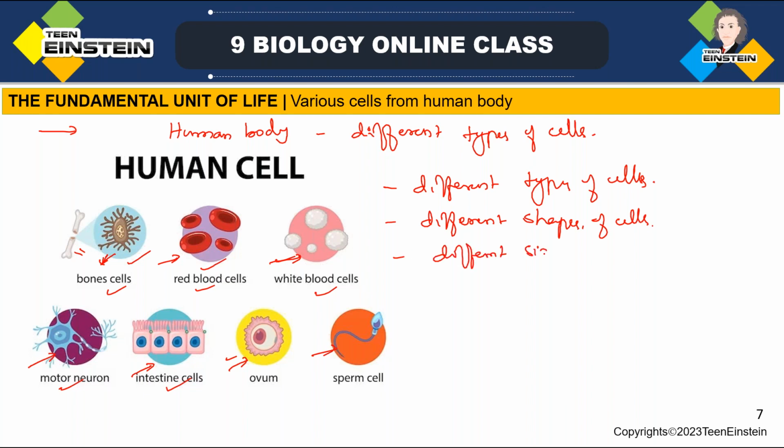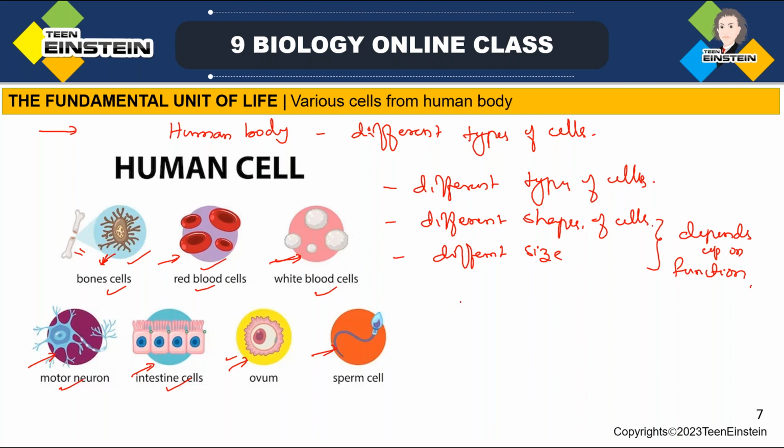The size, shape, everything varies, so that is depending upon the function. So the shape and size of the cell depends upon the function. What that cell is doing, what function it is performing, based on that the shape and size of the cell varies. Right?